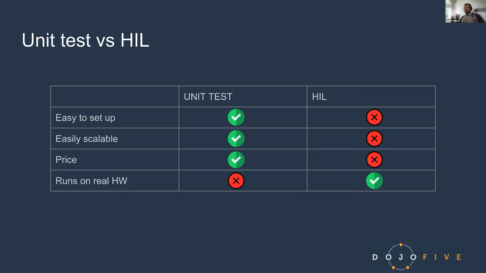For example, if you are on a project that is just a prototype that you are going to show to, I don't know, some higher management or a funding agency, whatever, probably you don't want to use hardware in the loop because you are going to be short on budget and short on time. And probably the prototype is going to change a lot. Maybe you change the whole system. So creating a hardware in the loop setup to test and verify everything probably doesn't make any sense.